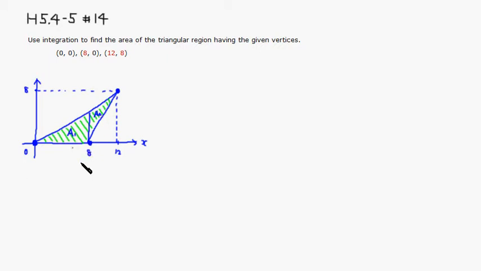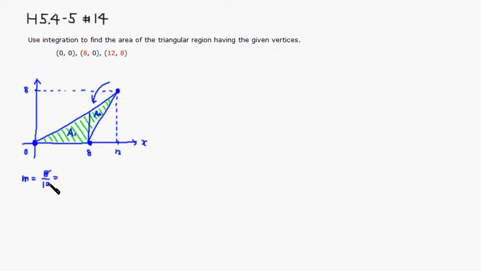First we have to come up with equations. For this line right here, the slope is fairly easy to find. The run is 12 and the rise is 8, so the slope is 8 over 12.